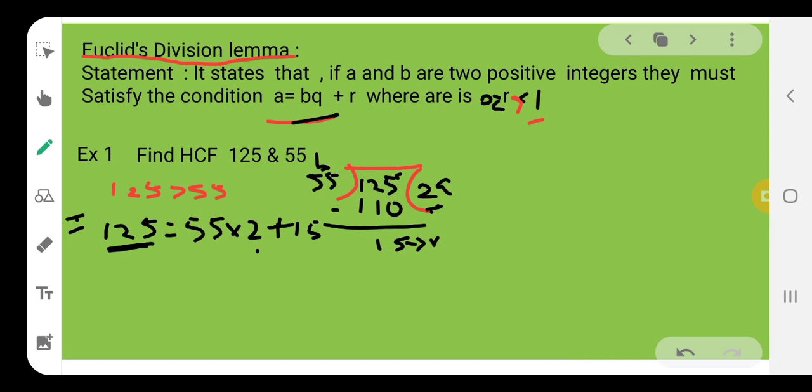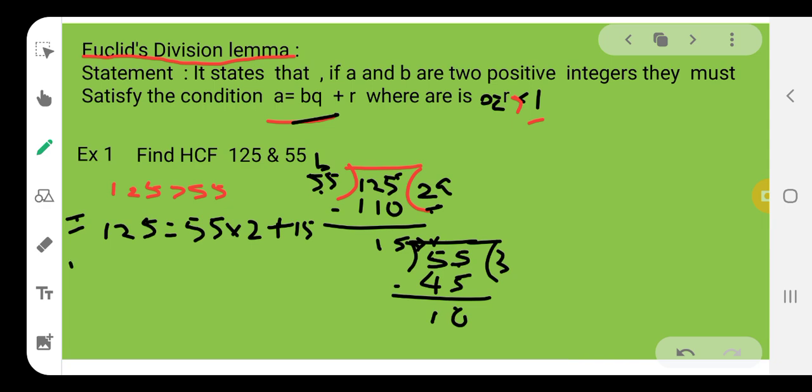Right. Now what you have to take here is, so this is the remainder, 15 is the remainder, right? Now we will take this as the divisor, and 55 here. So this only we will take here. 55 is what? 3 times 15 is 45, and now minus this we will get 10.